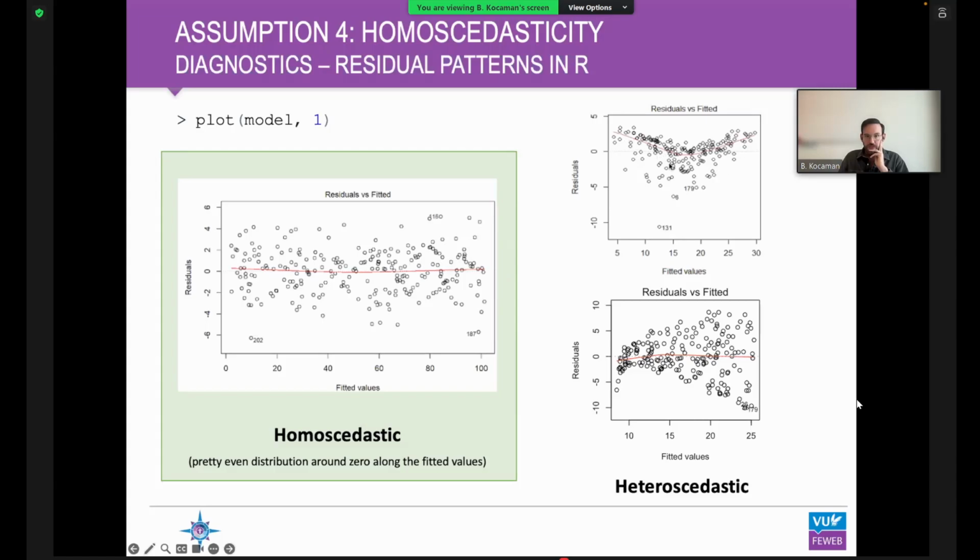There might be other situations like here, you see that everyone's residuals are actually quite high, and the variance here is different than the variance in the middle. So we want random distribution, or the random cloud of points around zero. So this should be on average zero, and the variance should be similar. And here you can easily see this kind of cone-like structure. Here the variance is low, here the variance is high.